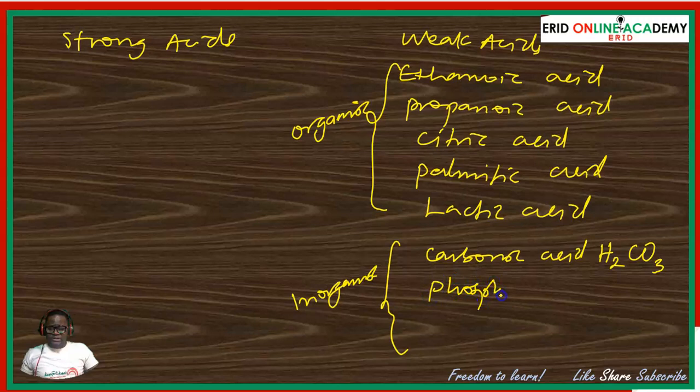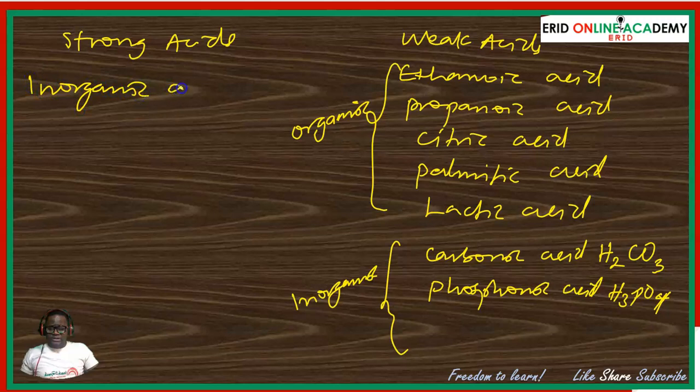You have phosphoric acid, H3PO4. It's a weak acid. These examples will just be fine. You can explore more examples of weak acids. Now, strong acids are mostly inorganic acids.